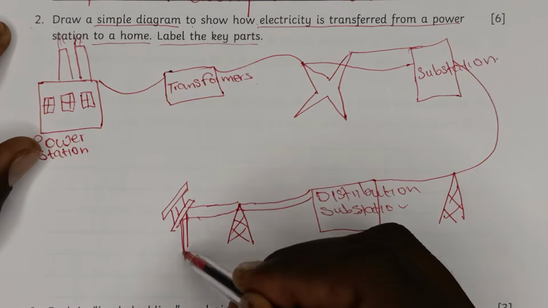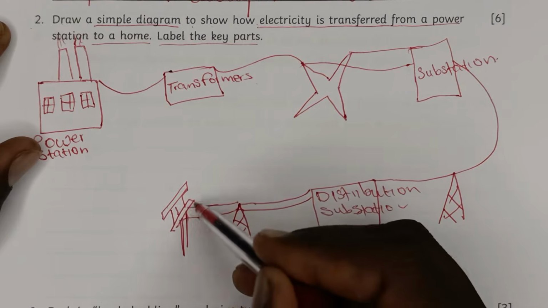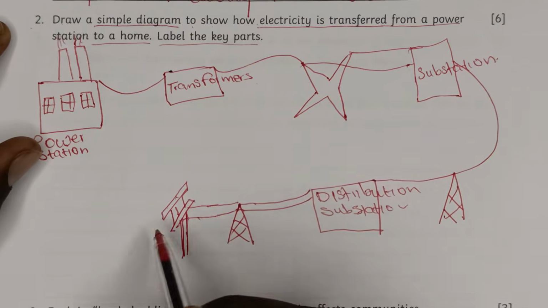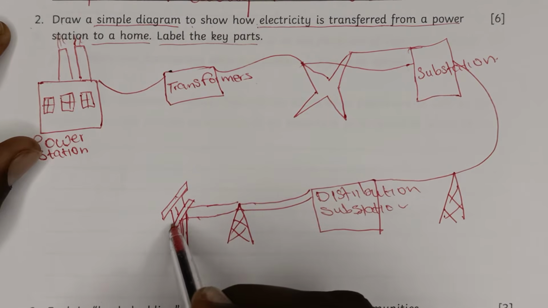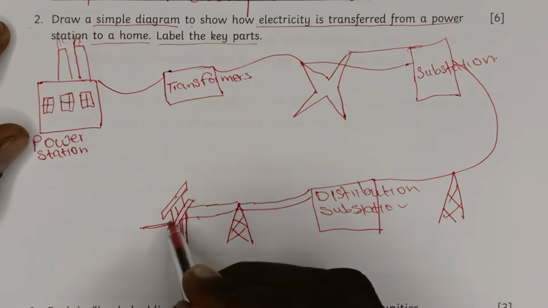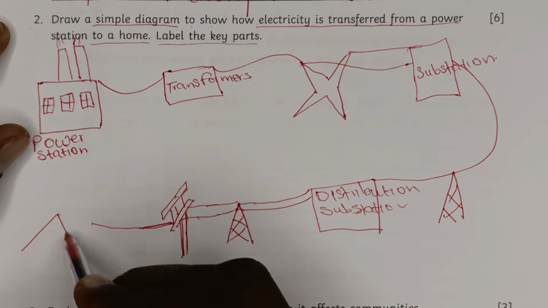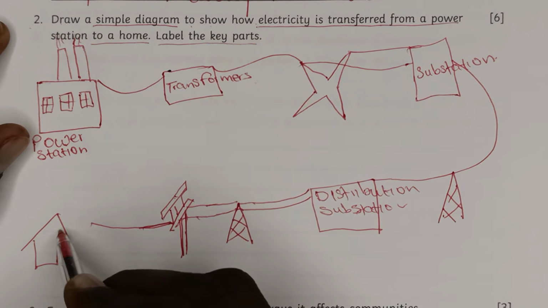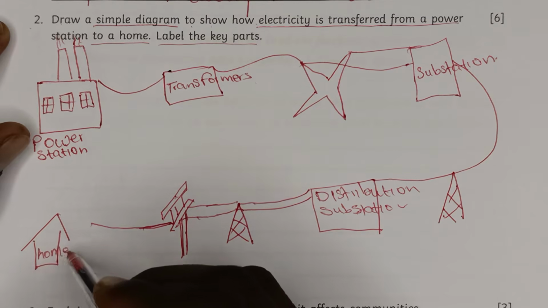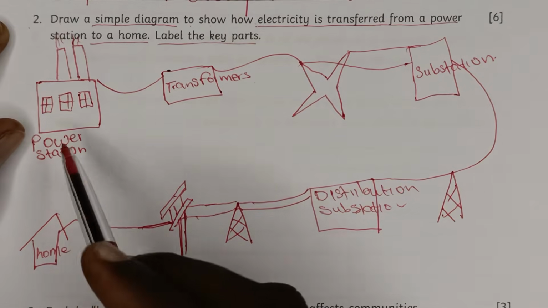Oh, my drawing, man, it's so beautiful. You see, these are electric poles. They should have transformers up here. Oh, today my drawing is very ugly and disappointing. So from the poles, it goes straight to the houses. So this is home. This is how the electricity gets to the house.